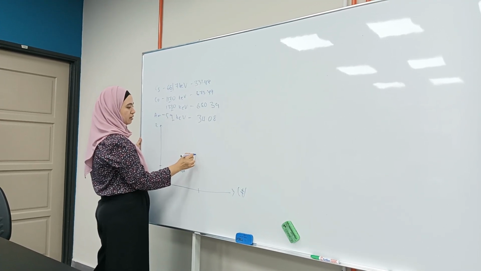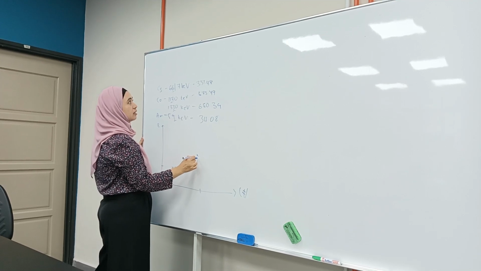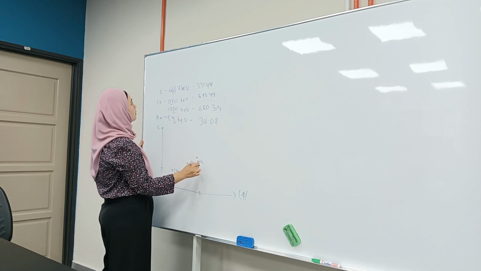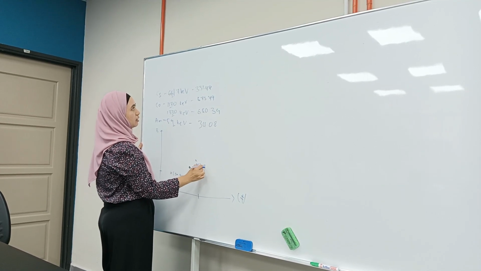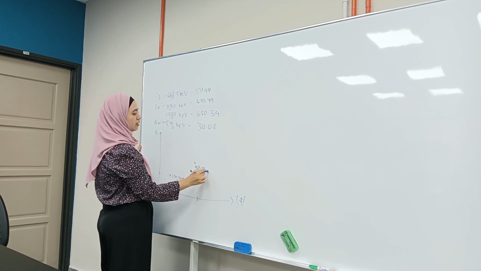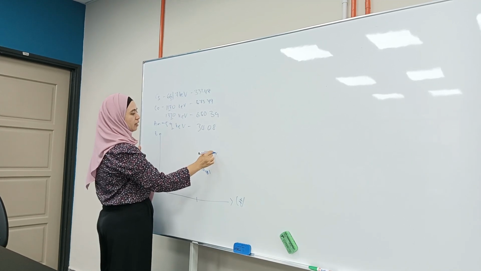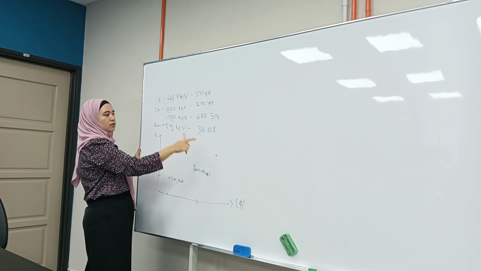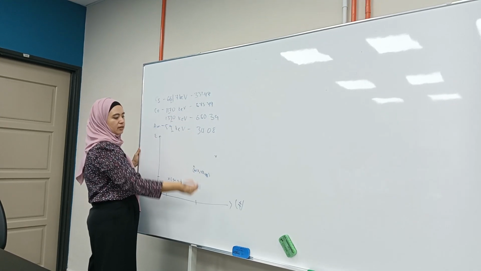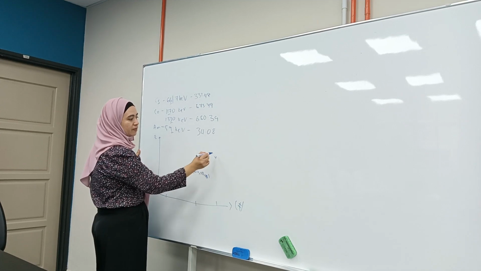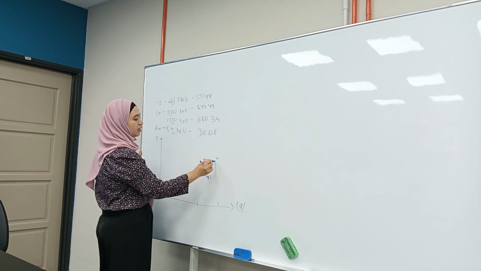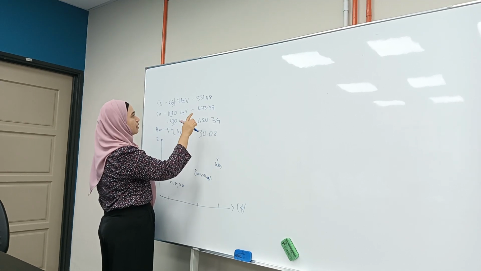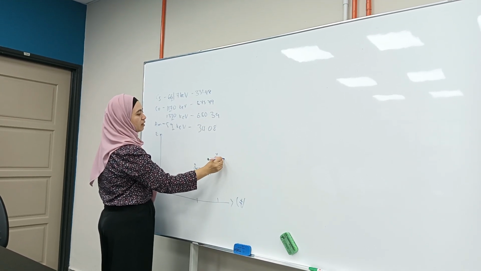Then you have another point, and this is 661.7 and 331.48. Then we have another point, and this is 1170 with channel number 573.